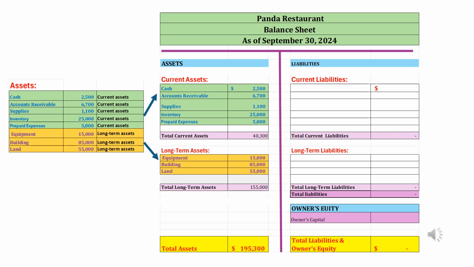Once we calculate the total current assets, we move on to long-term assets, compute their total, and sum both categories to determine total assets. The total at the end should also be marked with a dollar sign. Now that we've calculated the left side of the equation, total assets, the balance sheet should reflect an equal amount on the right side.